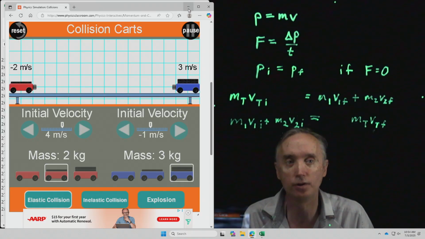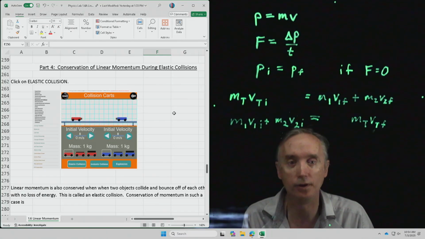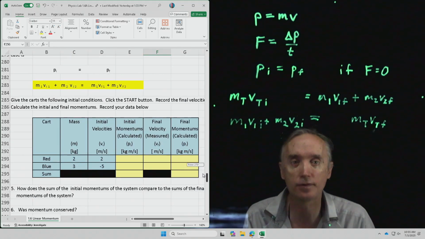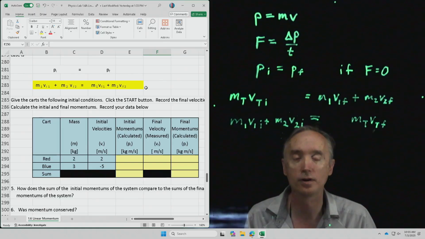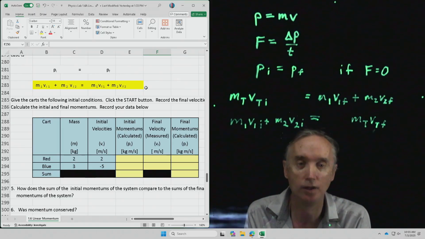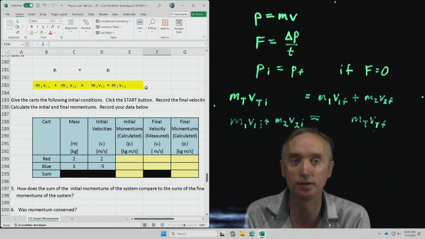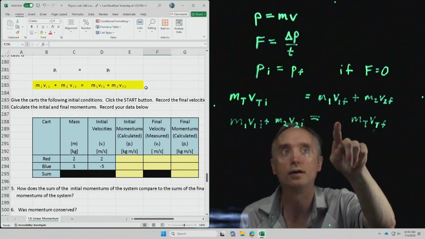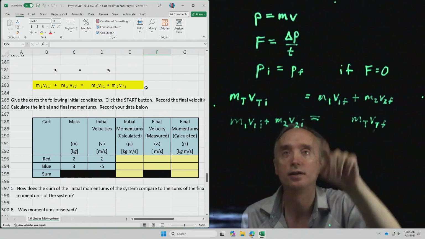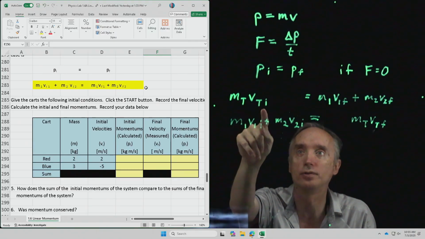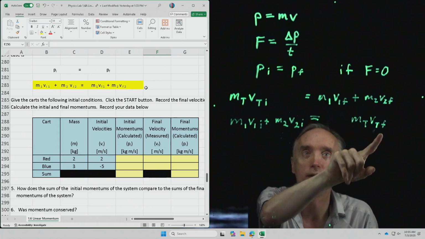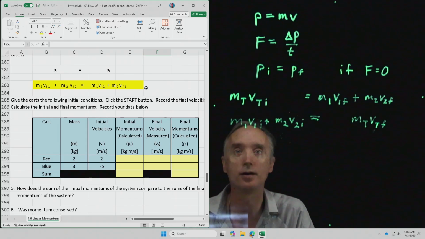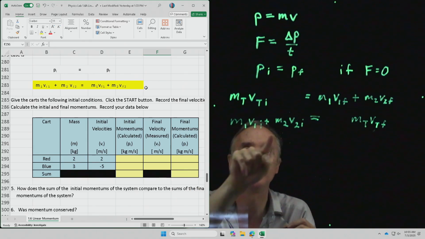Okay, so now let's go back to the lab here. And let's look at the formula for conservation of linear momentum when it is a perfectly elastic collision. And do you notice that it's kind of a hybrid of these two? So that this one had mass total here and mass total over here, but this time we're going to start out with two objects the same as the inelastic collision.